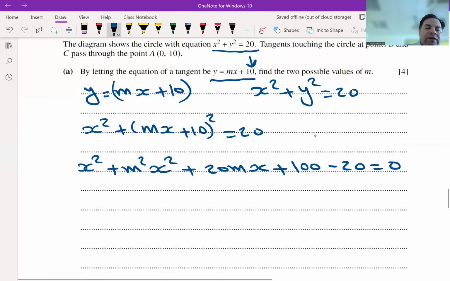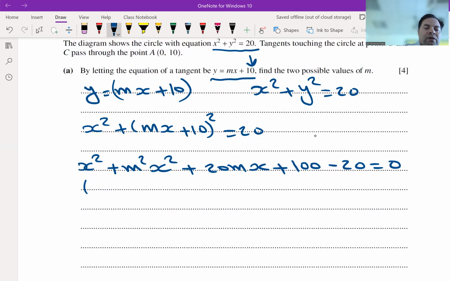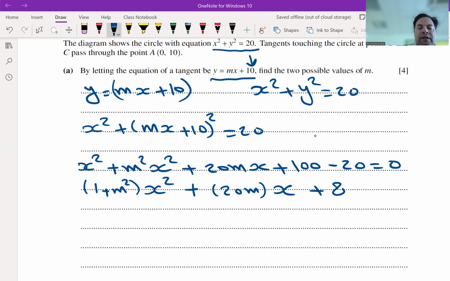Simplify and rearrange. Find the coefficient of x squared, which is a: 1 plus m squared. And b is 20m times x. C is 80, equal to 0.